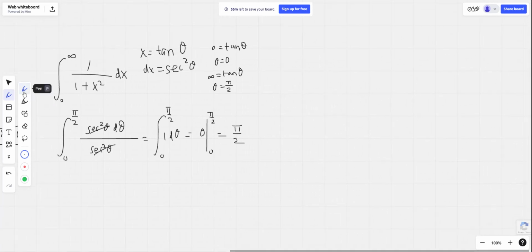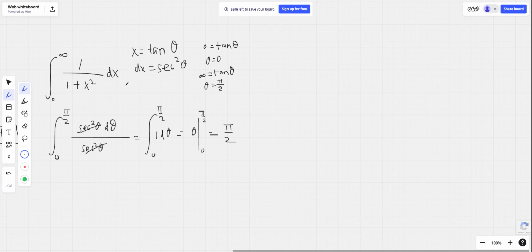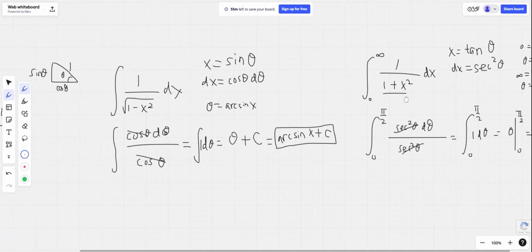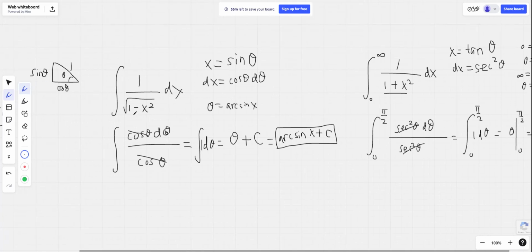Now, if it's 1 plus x squared or anything that even remotely resembles 1 plus x squared, it's a quadratic term plus a constant, then you want to think about using something like tangent theta, because tangent theta has a range of all real numbers, while sine theta and cosine theta are constrained between -1 and 1, and that's why it fits the square root so nicely.